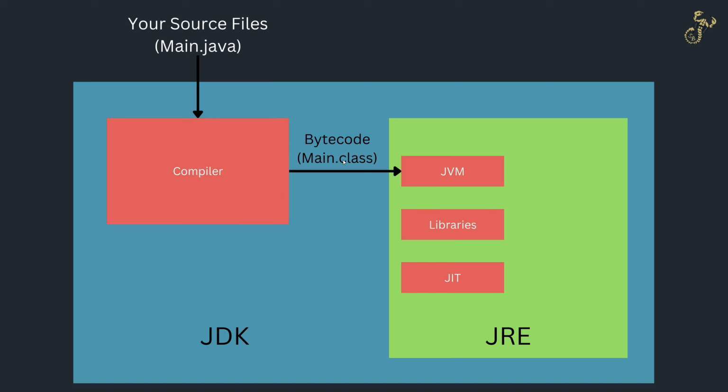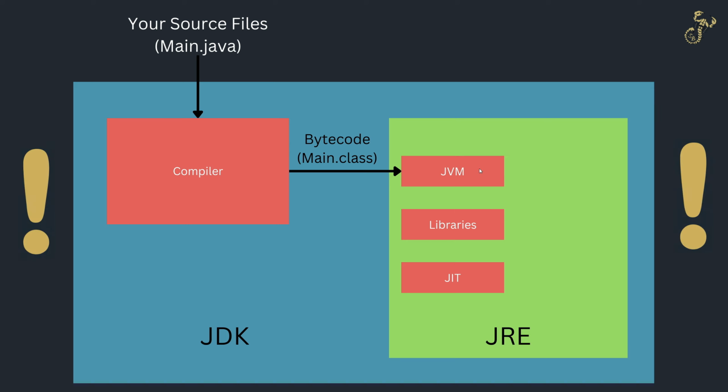Once the bytecode file is ready, it's sent to the JVM, and it's run. As you can see, the JVM is part of the JRE. When the JVM runs the bytecode, it essentially executes the program, and as a result, you'll be able to see the output in the console. So basically, this process that I have just described is what happens under the hood every time you press run inside IntelliJ.